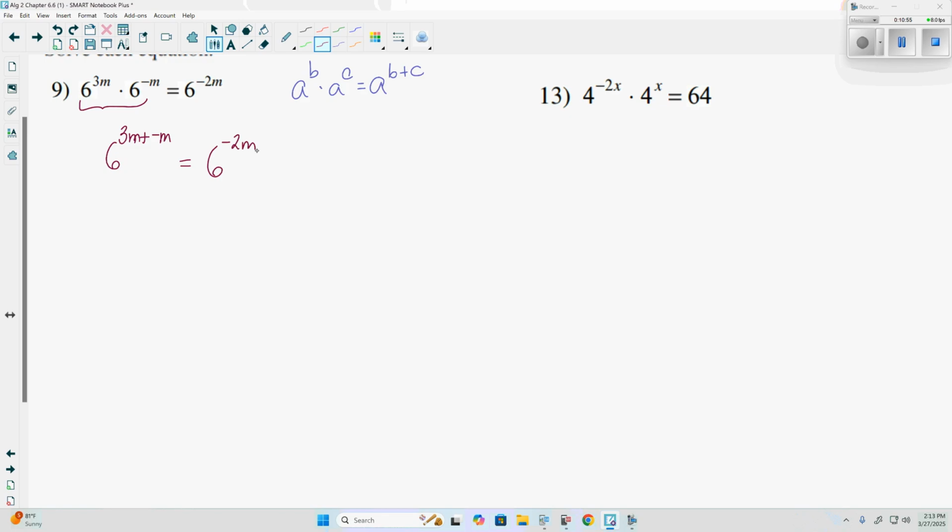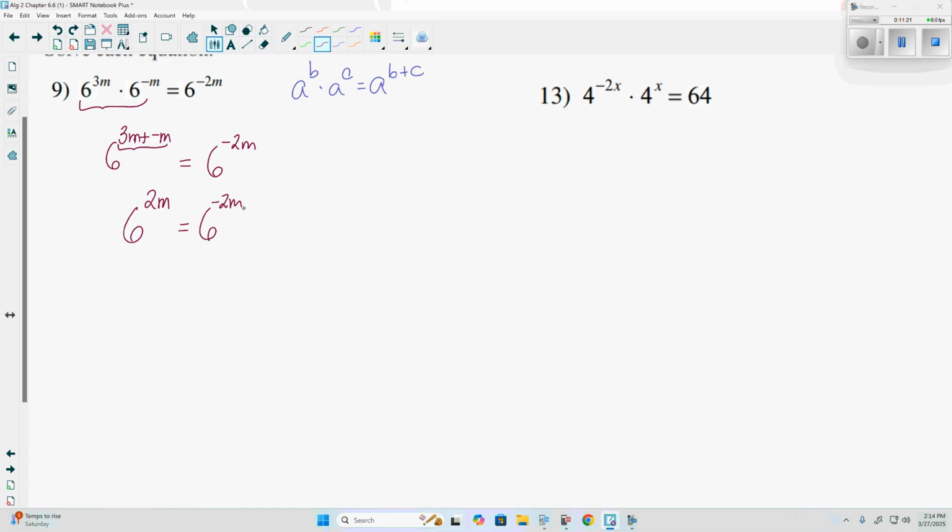We need that 6, only one of them on either side. Now 3m plus negative m is just 2m. Because really our goal with this one-to-one, that makes it nice, is that we have the same base on either side, and there's only one of them.